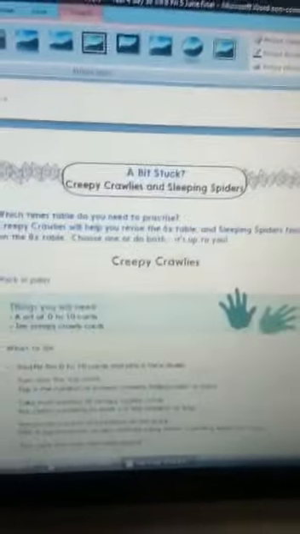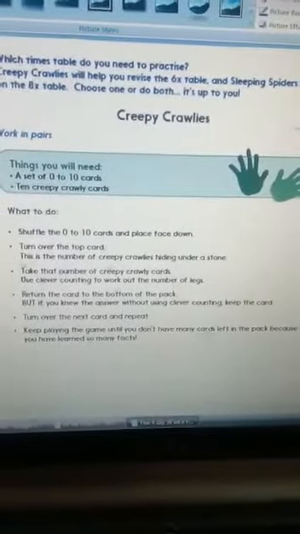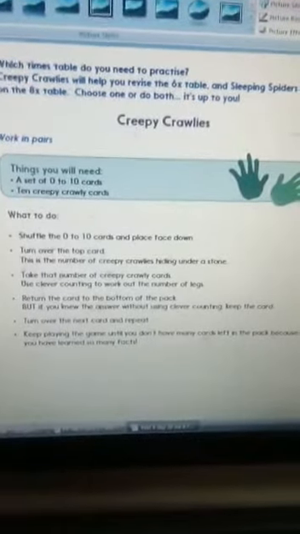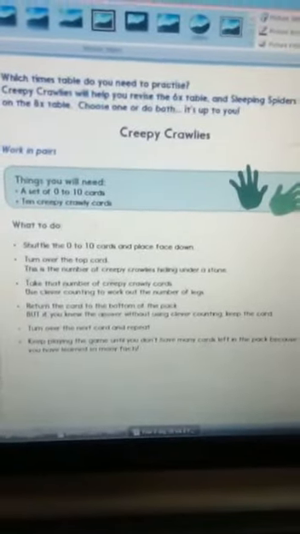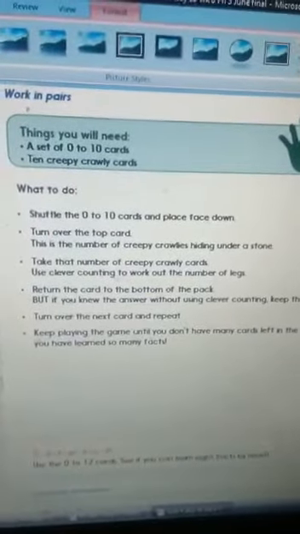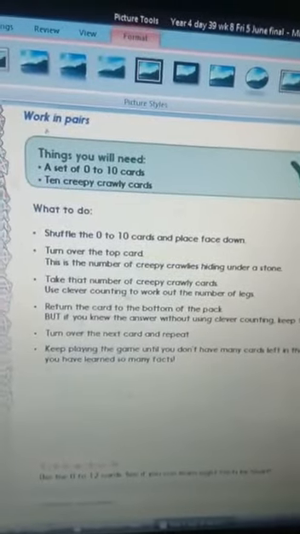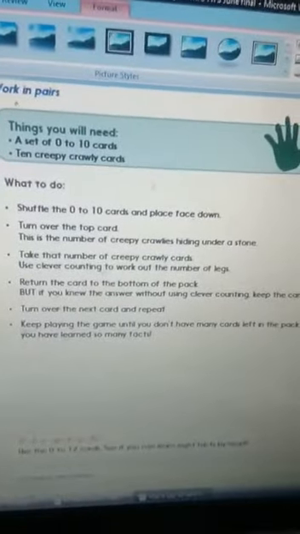If you're a little bit stuck, we've got the Creepy Crawlies sheet. This particular one is times it by 6, because we've got Creepy Crawlies with 6 legs. Really what you have to do is shuffle any 0 to 10 cards or pieces of paper with numbers 0 to 10, place them face down, turn over one card, and that's the number of Creepy Crawlies hiding under a stone.